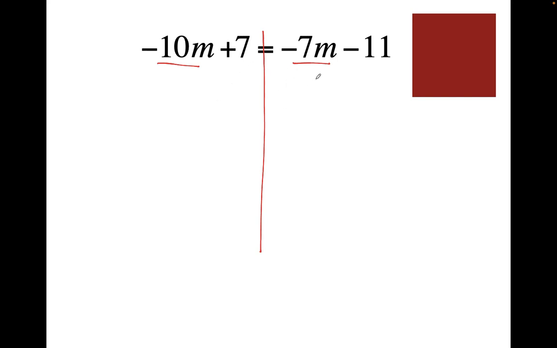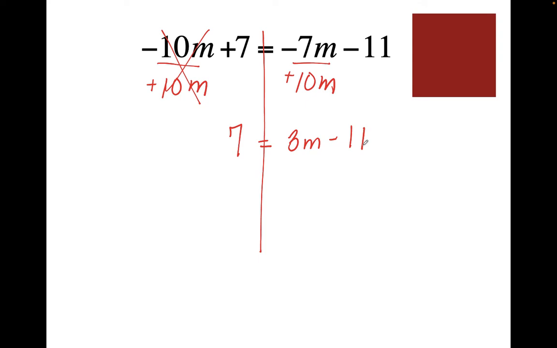You could add the 7m to both sides, or you can add the 10m to both sides. In this problem, I'm going to choose to add the 10m because when I add 10 to a negative 7, that's going to make a positive 3. If I added 7 to a negative 10, I'm going to be left with a negative 3, which isn't wrong, but if I can avoid negatives, I'm going to.